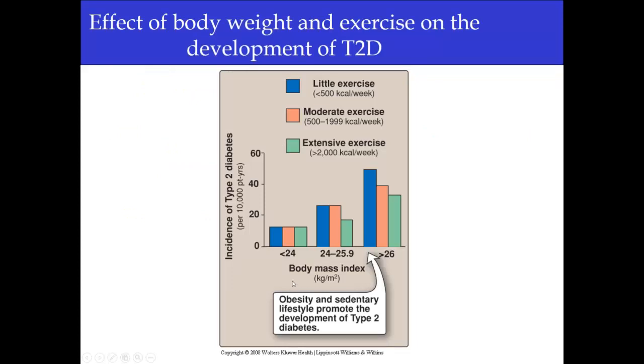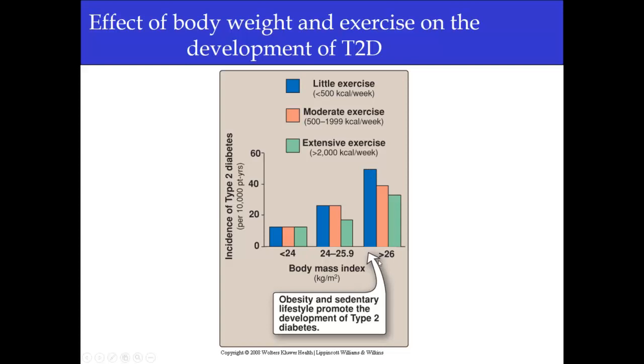This diagram shows the effect of weight gain on the incidence of type 2 diabetes. So as the body mass index increases, the incidence of type 2 diabetes increases. And you can see here that this is the highest risk in patients with greater than 26 BMI and who do little exercise.